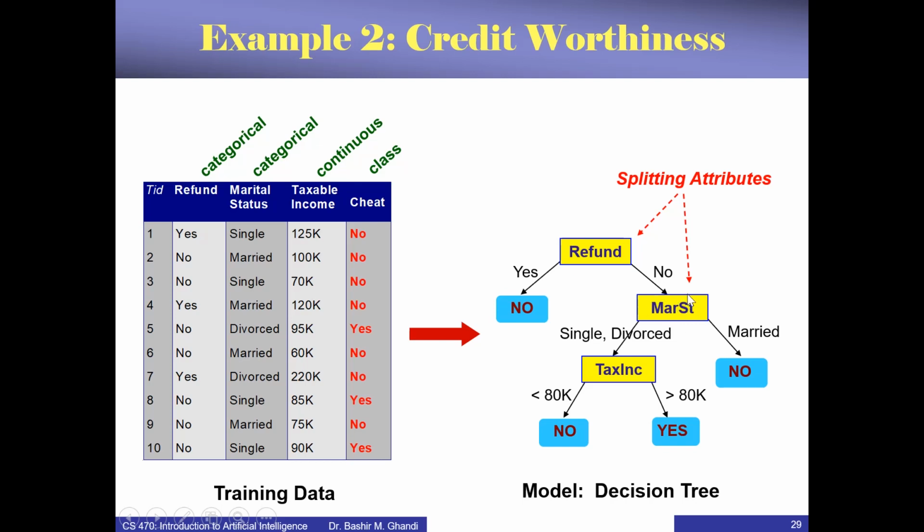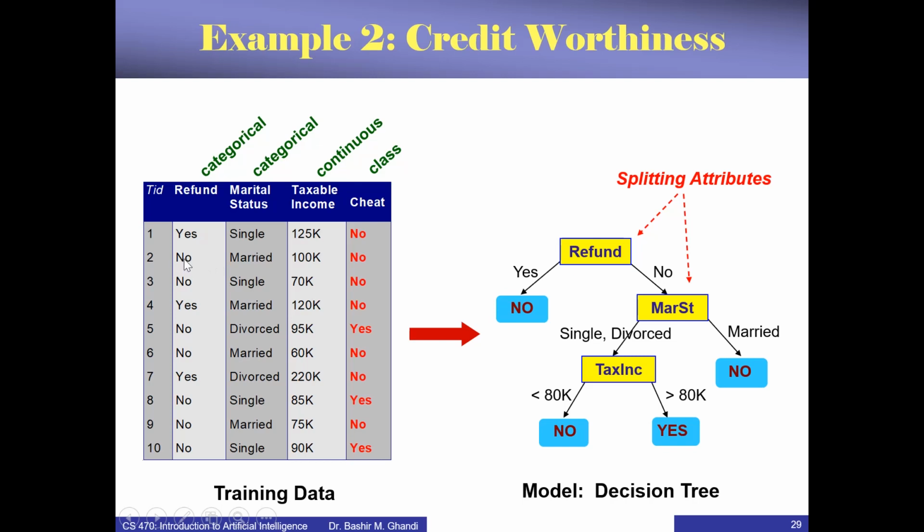Marital status, suppose we use that. Then you will see that among the remaining attributes for which the refund is no, among those that are married, again, they are always not cheaters. All right, so let us look.